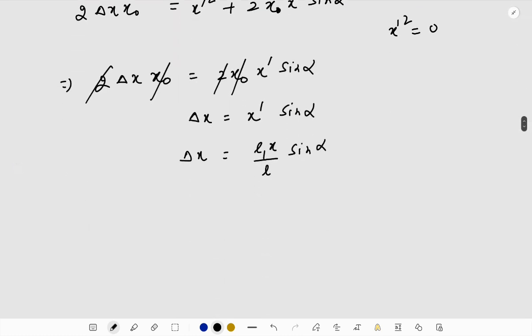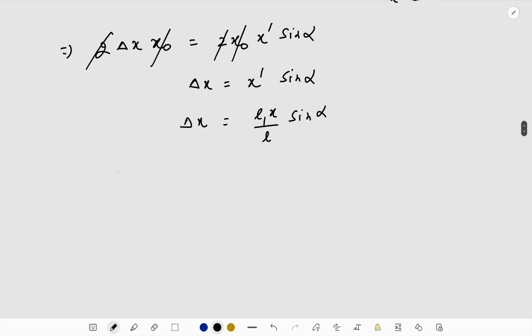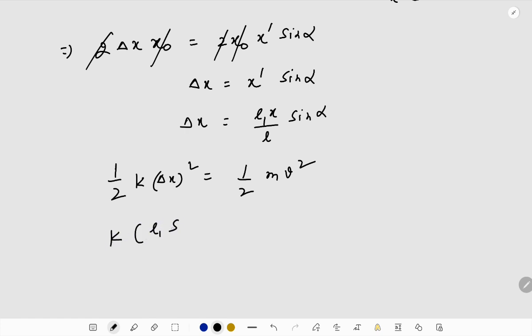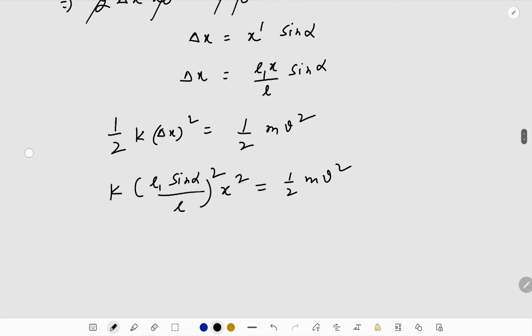So at the cost of half k delta x square, our load gets the velocity: half mv square. And half k delta x square is simply k L1 sine alpha by L square multiplied by x square equal to half mv square. And I can differentiate it with respect to time.